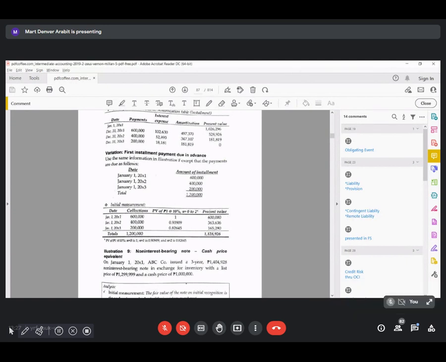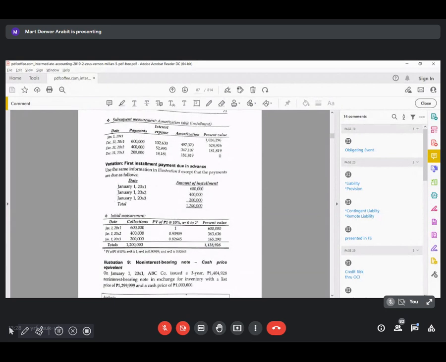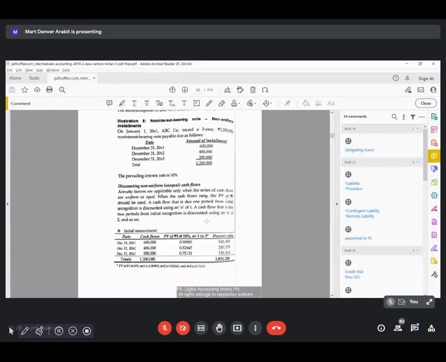So how? Using her formula of 1 plus the interest rate raised to the negative period. So you can compute it now. Like that. Okay? Oh, I went too far. There, it's just like this.